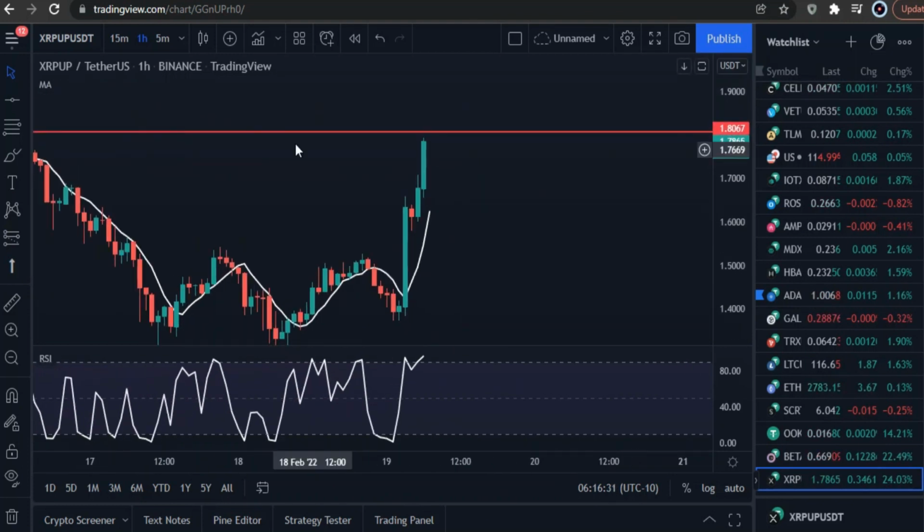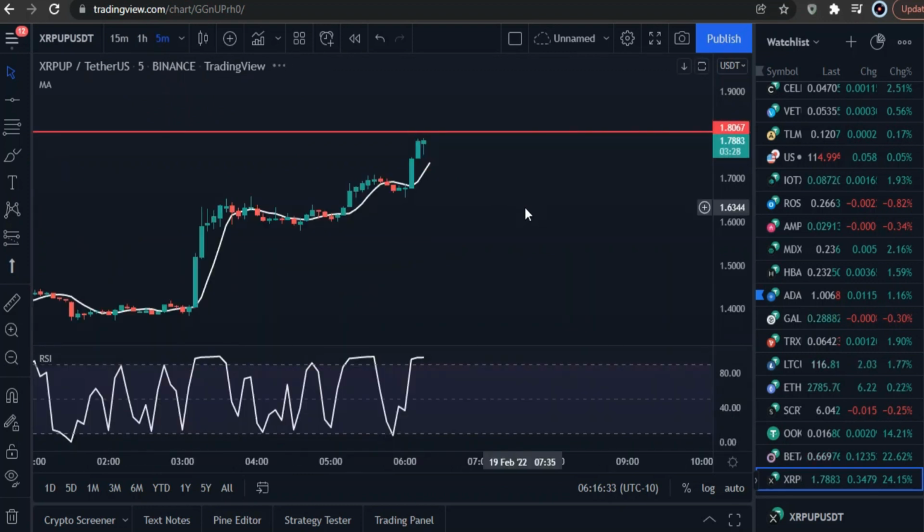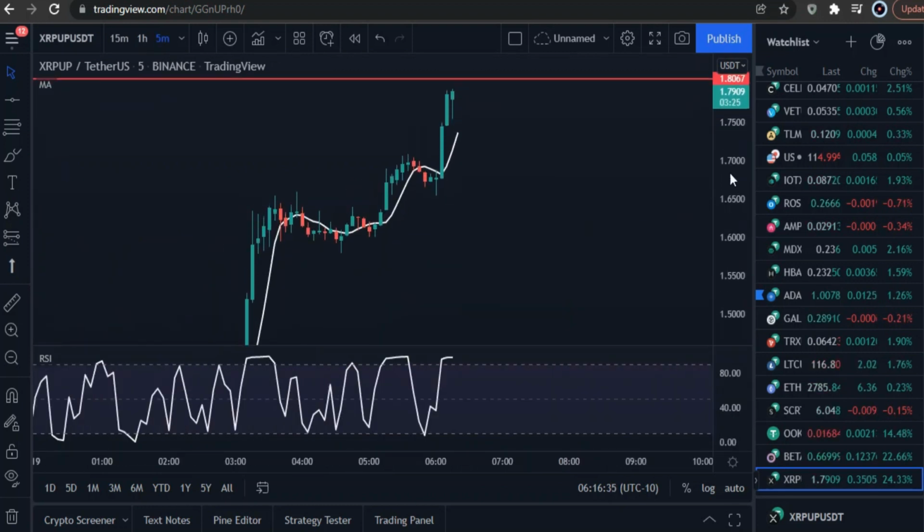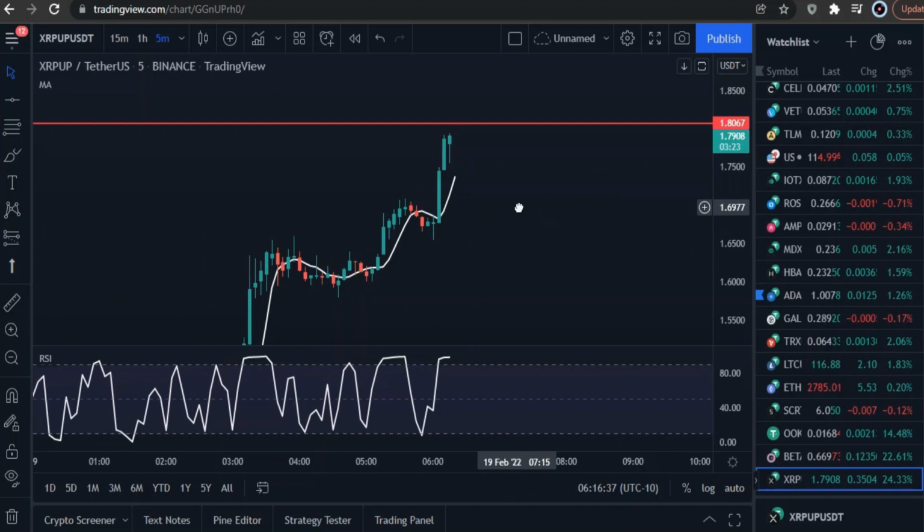After determining the last peak, let's go back to the 5-minute chart. This candle changes color a lot, but let's wait, there are still more than 2 minutes left for it to close. Now it's red, but let's speed up the video a bit.